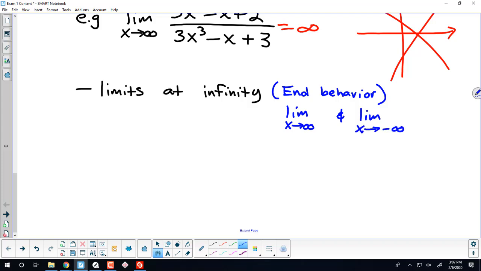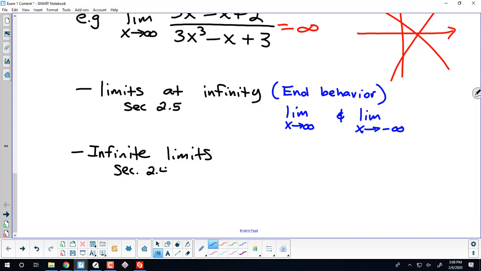We had limits at infinity and infinite limits. This, by the way, was section 2.5, limits at infinity. Section 2.5, infinite limits, section 2.4.